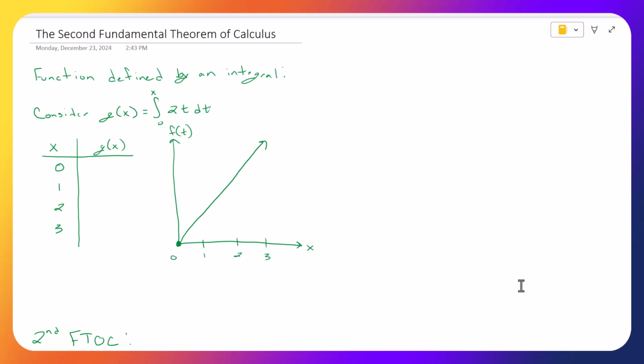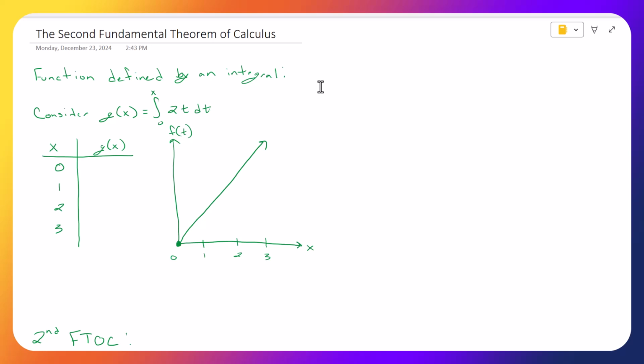Okay, so we talked about integration by Riemann sums. Now let's consider if we have some function that is defined by an integral. This whole premise is leading to the second fundamental theorem of calculus. This is a really profound thought about the relationship between integration and other things we've learned about.